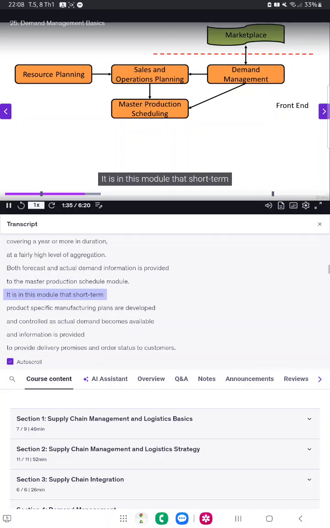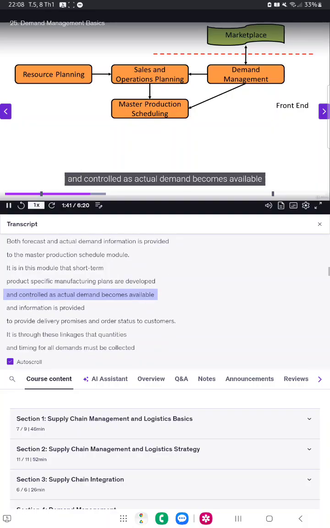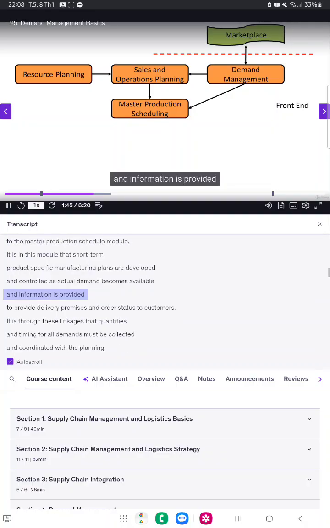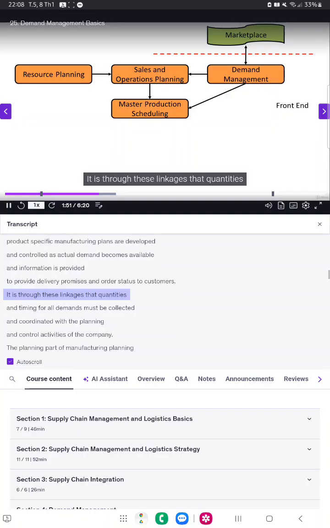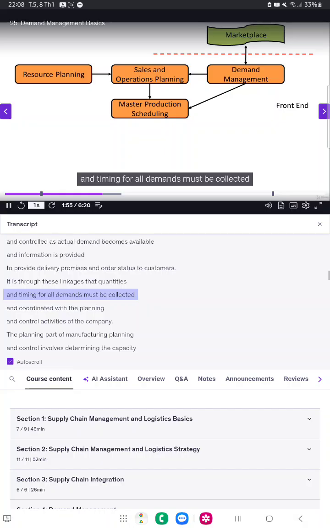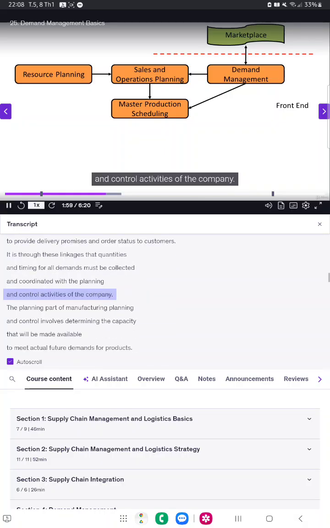It is in this module that short-term, product-specific manufacturing plans are developed and controlled as actual demand becomes available, and information is provided to provide delivery promises and order status to customers. It is through these linkages that quantities and timing for all demands must be collected and coordinated with the planning and control activities of the company.